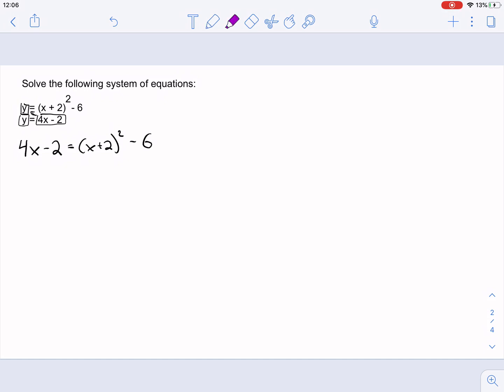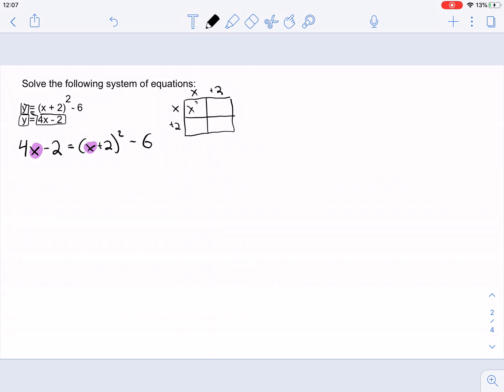Now I have 2 x's in this quadratic equation, so I'm going to have to simplify and solve it. In order to simplify this (x plus 2) squared, I'm going to multiply it out using the box method. So I have x and plus 2, and x and plus 2.